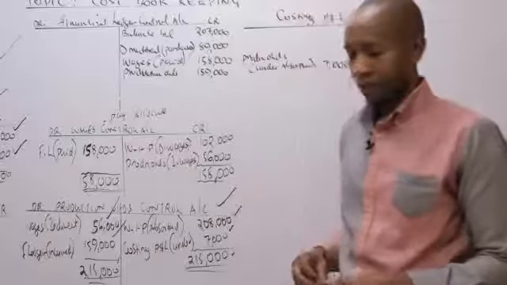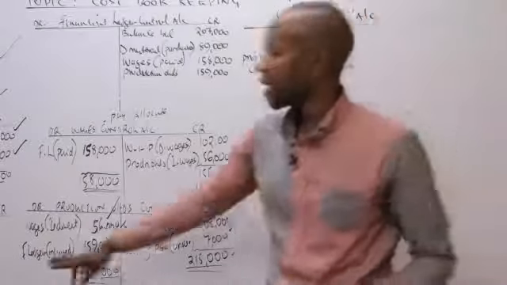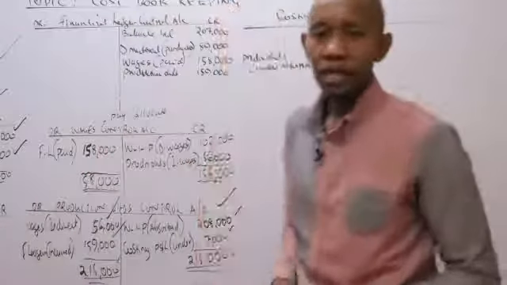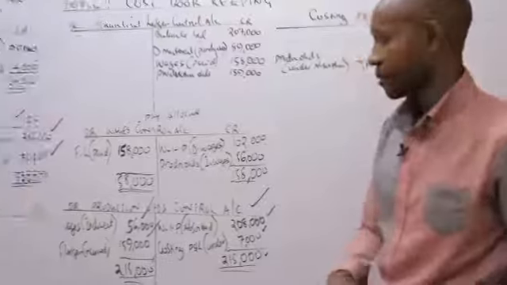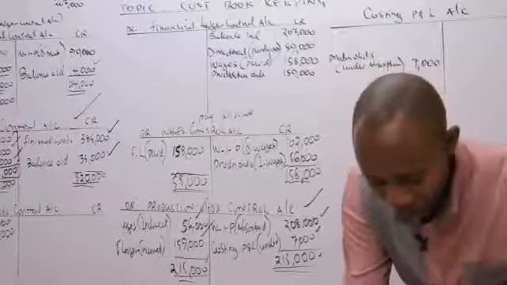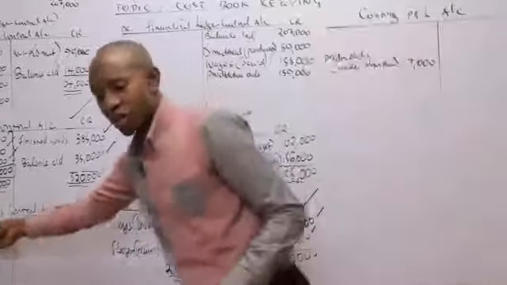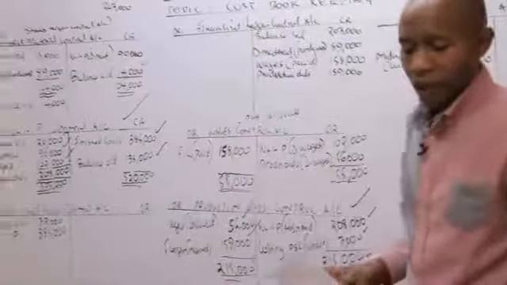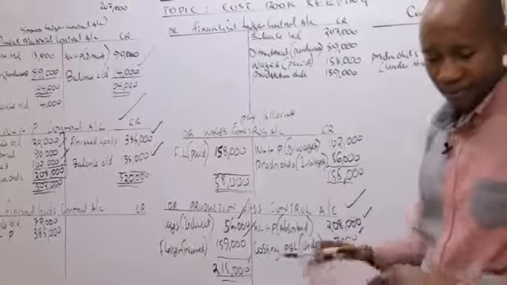So if that is clear, the only account that I now want to close is the finished goods control account. Now, from the finished goods control account, we now take this to the cost of sales.